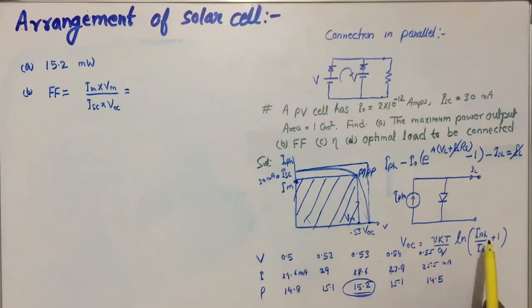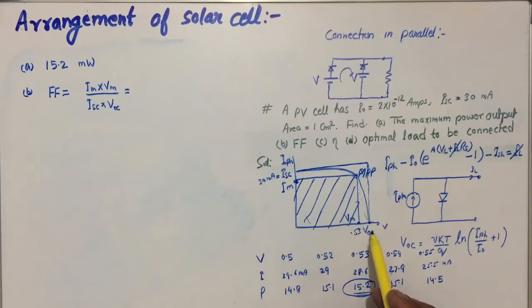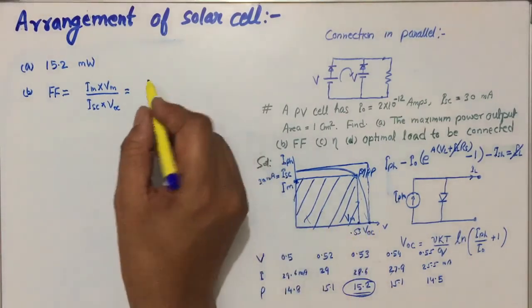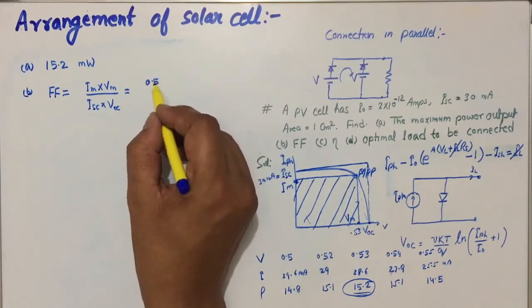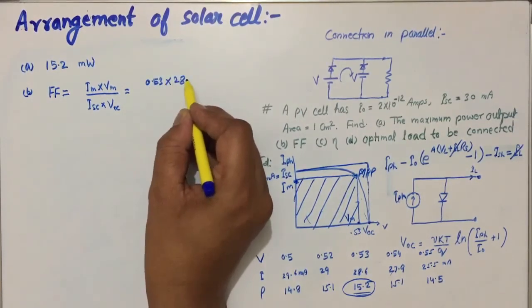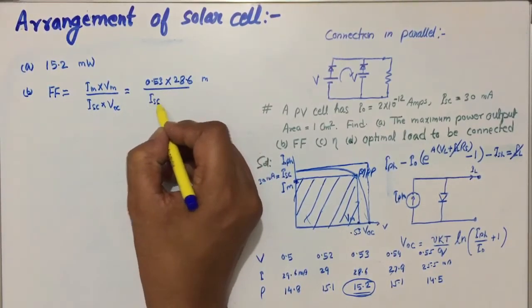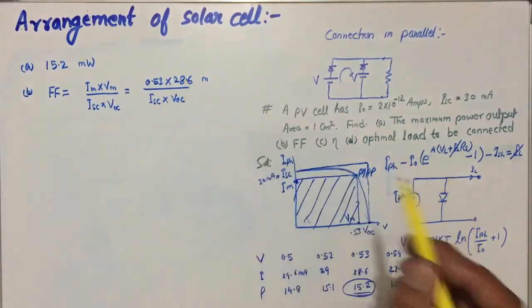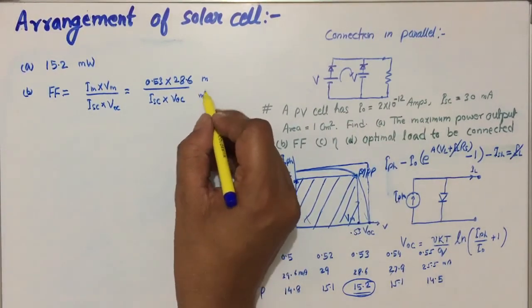Once you put in the value of IPH, you can find out this point. So if you have this point and this point, then just multiply that. So you get 0.53 times 28.6 milli divided by I short, that is 30 milli, into V open, which you will get by putting this short value in this equation. This is also in milli, so it will cancel out.